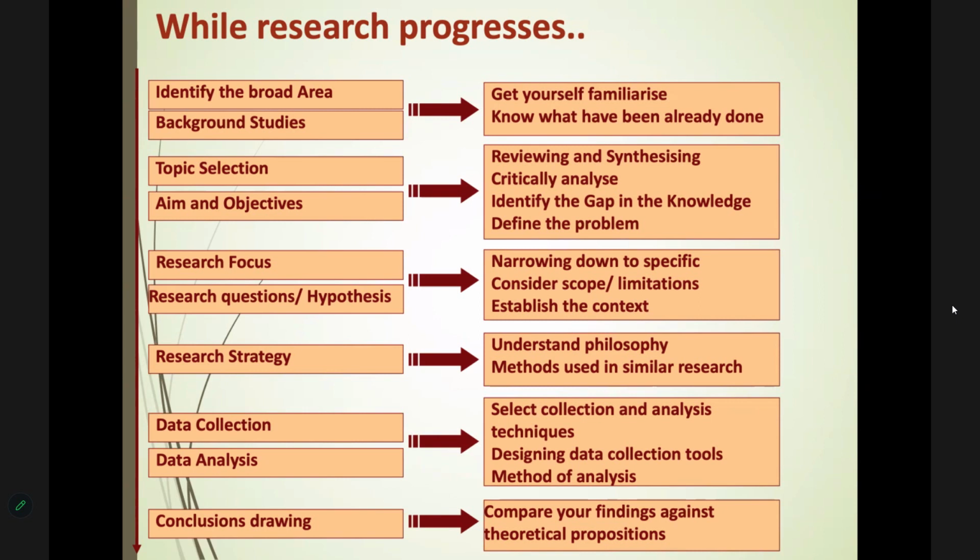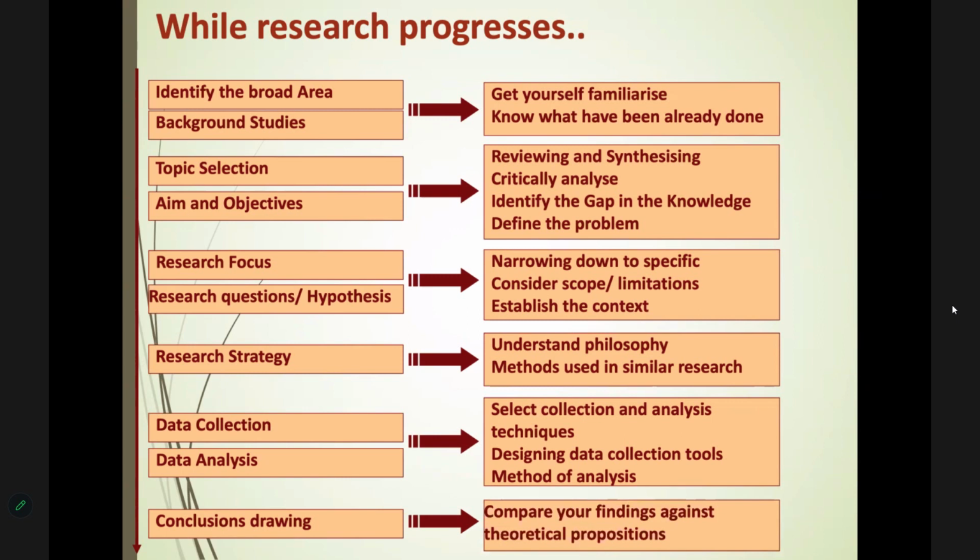So you start with the literature and slowly move on to the data collection. Once you have collected the primary data, you collect your data primarily by yourself, and you have a set of findings which you gathered, collected, analyzed and produced.